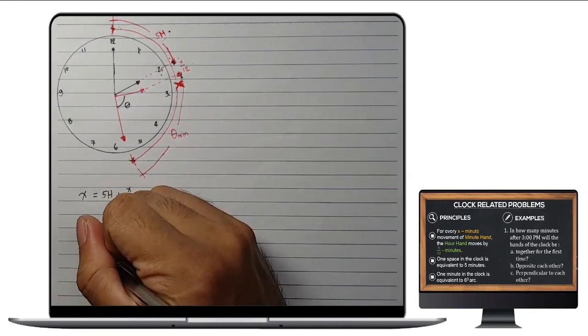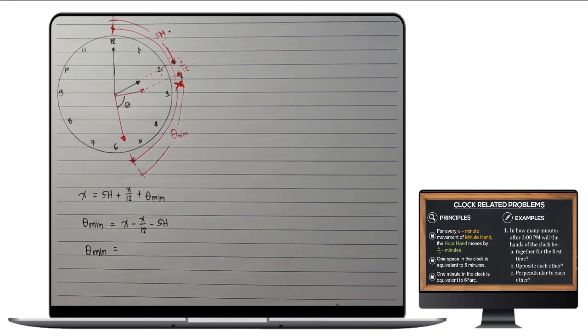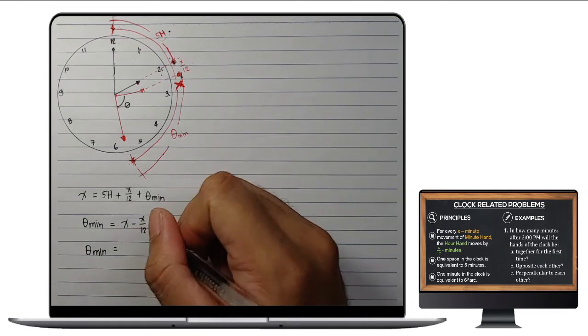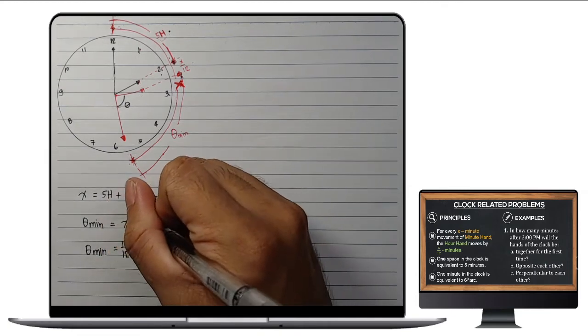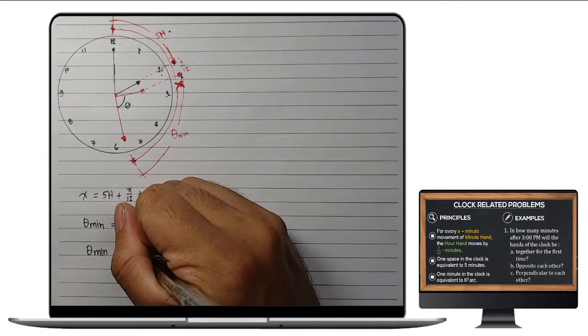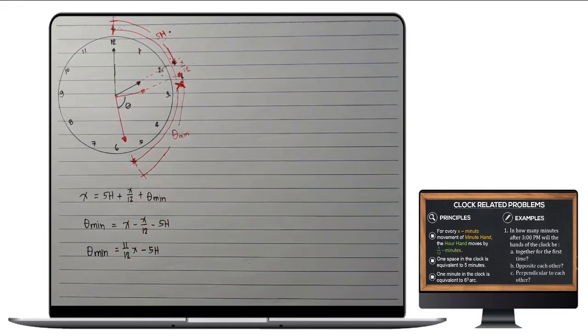Therefore, our theta in minutes is equal to 11 over 12. So, x minus x over 12 is 11 over 12x minus 5h. Okay? So, yun yung magiging equation natin.